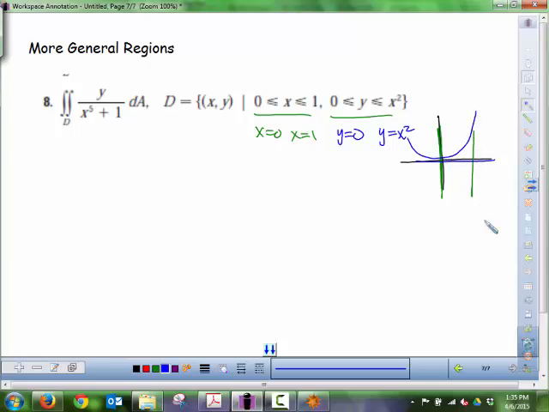So between these four graphs, can you see where the region might be? It looks like the region is going to be this little bit of graph over here, right?